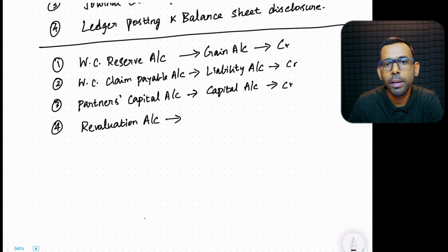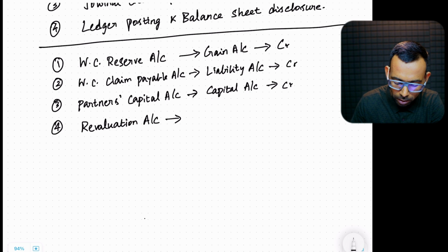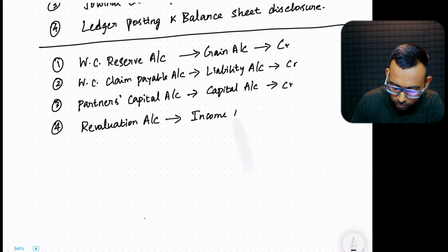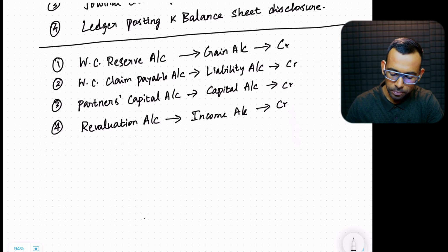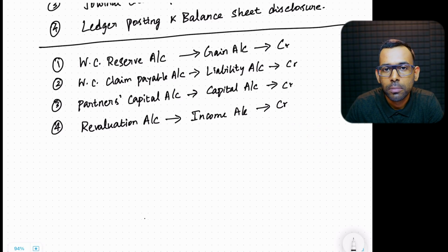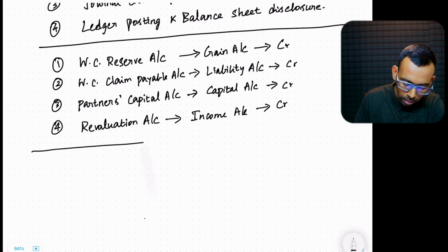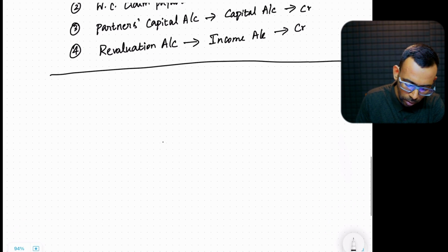If it is an income entry or an expense entry, depending on that, the side will be taken. But if nothing is said about it, we will assume it to be an income type account itself, and therefore I will call it a credit side, credit based account. Now if you see, all the four ledgers that we are going to deal with today have a natural orientation of the credit side.